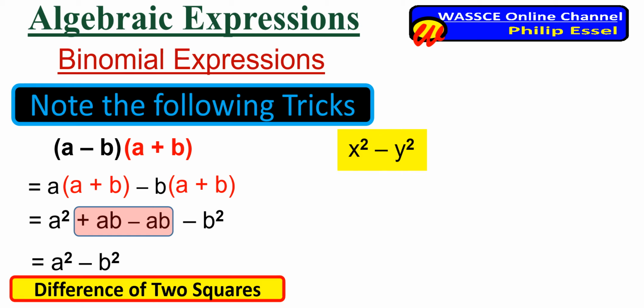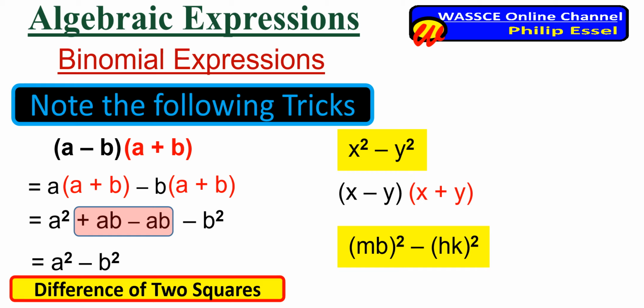So an expression like x squared minus y squared is an example of the difference of two squares. So when you are given something like this, right away you know that x squared minus y squared is the same as (x minus y) multiplied by (x plus y).